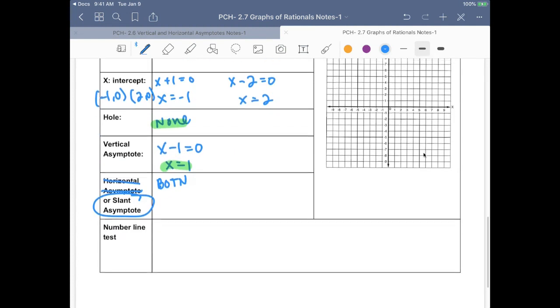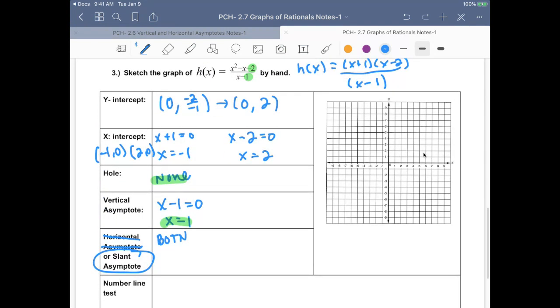So what we're going to do is we're going to divide. And we're lucky this has a linear factor on the bottom. So I'm going to set up using synthetic division. What is the 0 of the bottom? It's 1. And then I put in my coefficients. 1, -1, -2. I get 1. 1 times 1 is 1. That gives me 0. 1 times 0 is 0. So a -2.